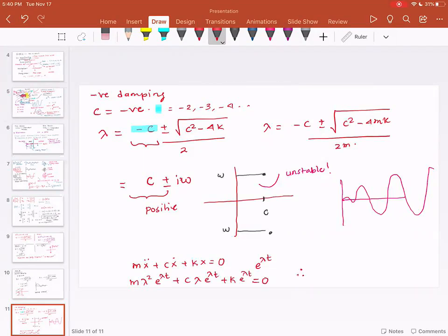This equation landed up with m lambda square plus c lambda plus k is equal to 0. And this was discussed in the earlier lecture.